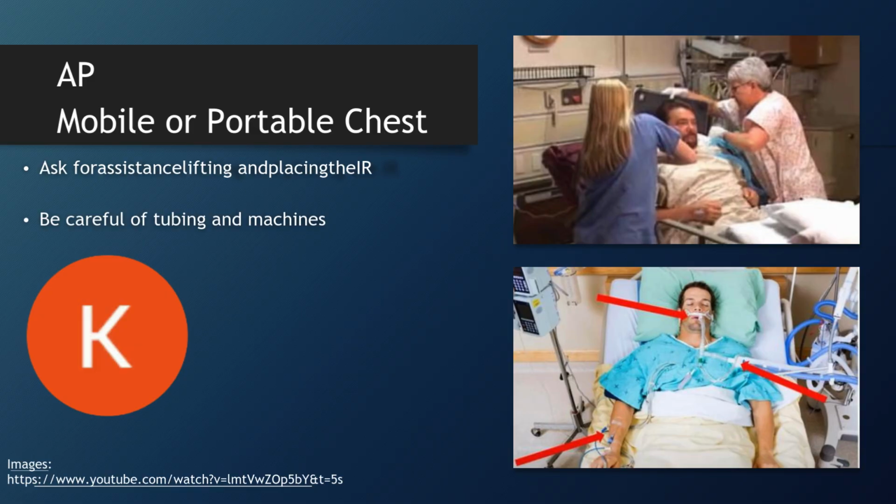So it's always good to have somebody assist you, so you're not interfering with the tubing or making it uncomfortable for the patient by trying to move them on your own. So just make sure to ask for assistance when lifting and placing the IR, and be careful with any tubings and any machines that are connected to the patient. We just don't want to interrupt their treatment process while we try to get that radiograph.